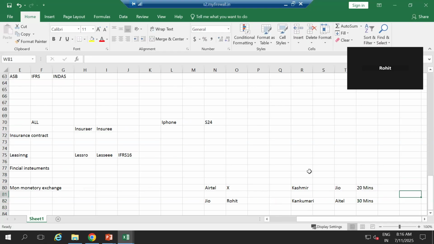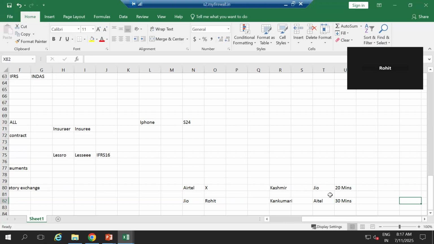Now, when an Airtel customer uses the Jio signal, do you think Airtel as a company needs to pay Jio? It has to, right? When a Jio customer is using the Airtel signal, do you think Jio has to pay Airtel? It has to, right?